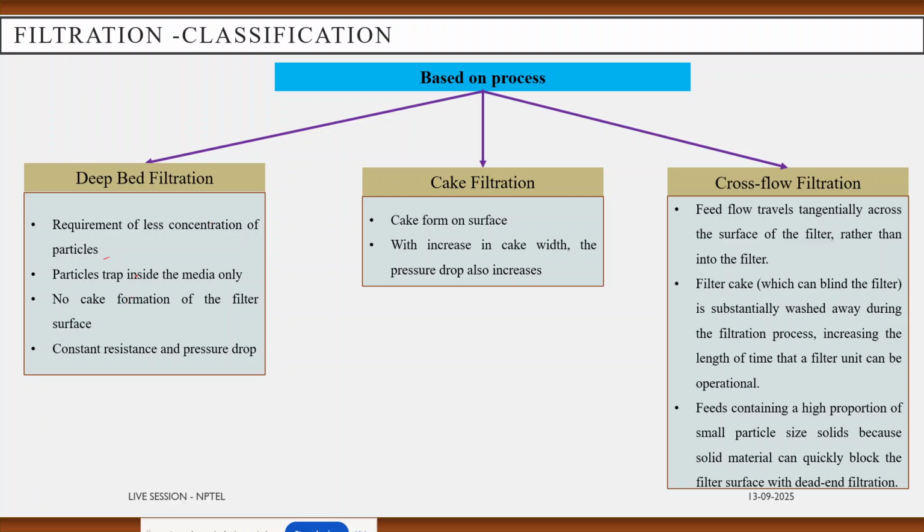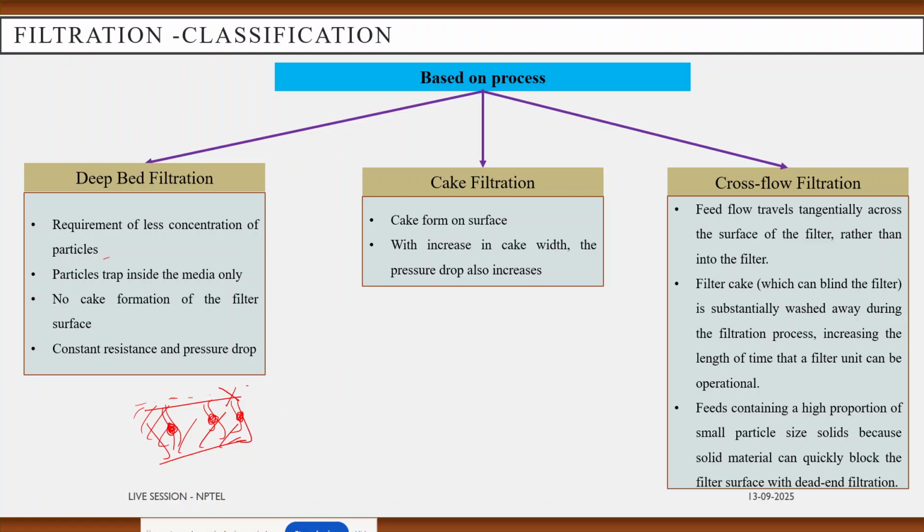What happens is that particles trap inside the media; the whole media has some channels, so particles trap inside the media. There is no cake formation on the surface, and constant resistance and pressure drop is maintained in the filter medium.